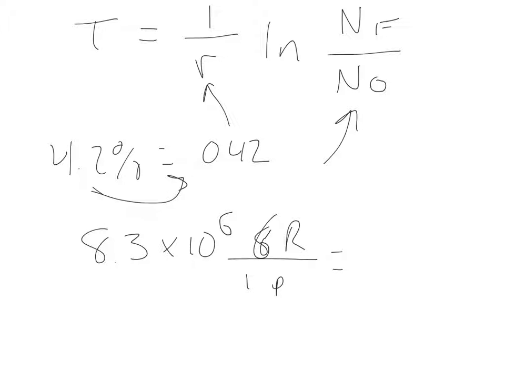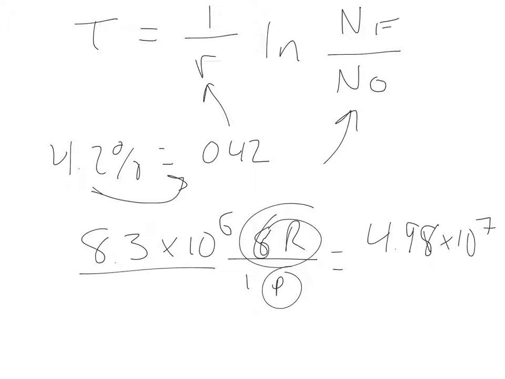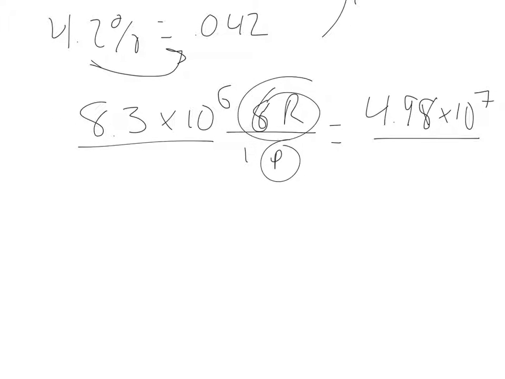And so we come up with a total rat population of 4.98 times 10 to the 7th rats. Again, we take the population of New York, multiply it by the number of rats per person, 6 rats per person, and we get a total of 4.98 times 10 to the 7th rats, or 49 million rats currently, or in 2011.